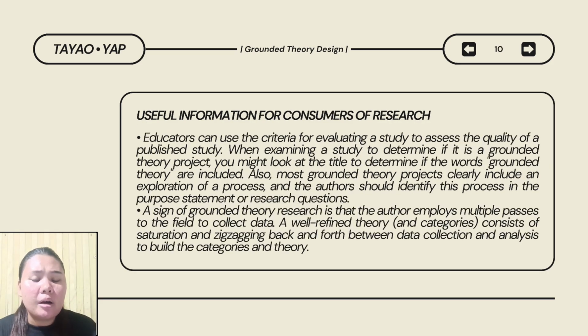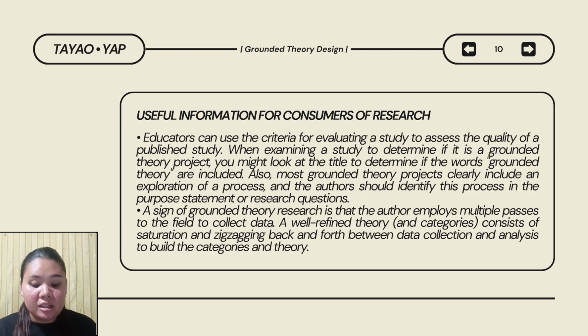So also there is useful information for consumers of research. Okay, so the first useful information for consumers of research is that educators can use the criteria for evaluating a study to assess the quality of a published study.